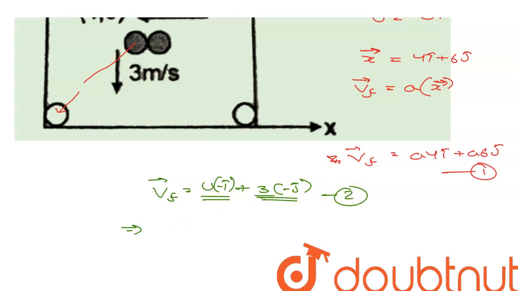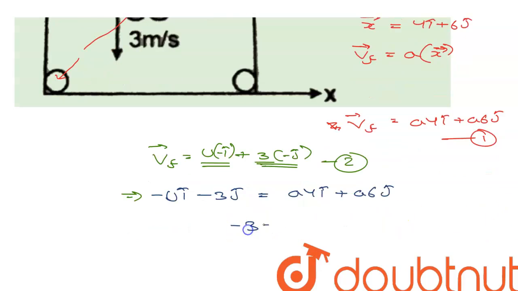So from 1 and 2, what I can write is minus u i cap minus 3 j cap should be equal to a4 i cap plus a6 j cap. Now if I compare the two, minus 3 should be equal to 6a, which means a is equal to minus 1 by 2.